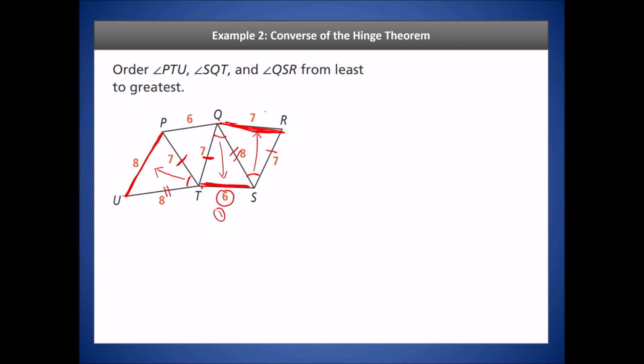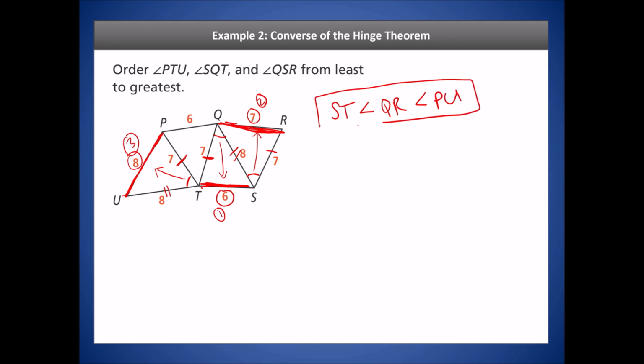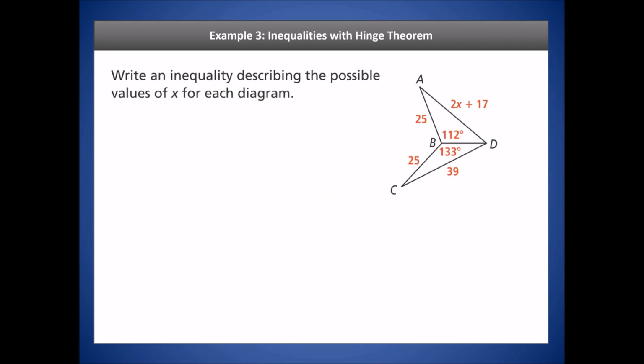So that's number 1. This is the second smallest, and this is the largest. So in order from least to greatest, it's going to be ST, which is less than QR, which is less than PU. All right, and that is the converse of the Hinge theorem.